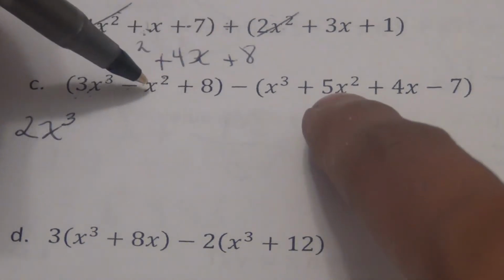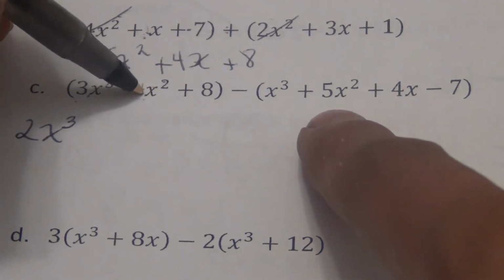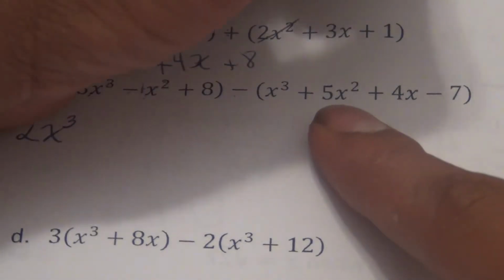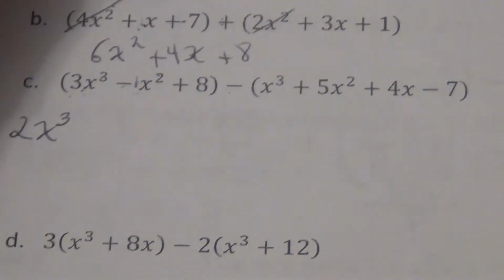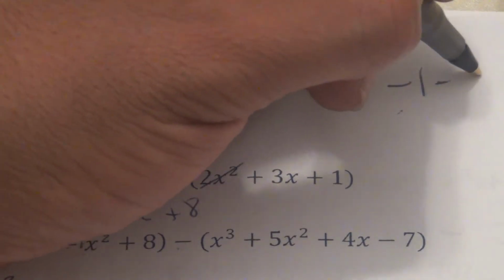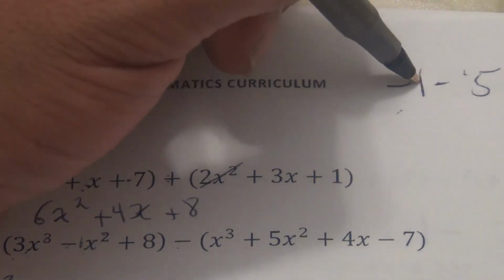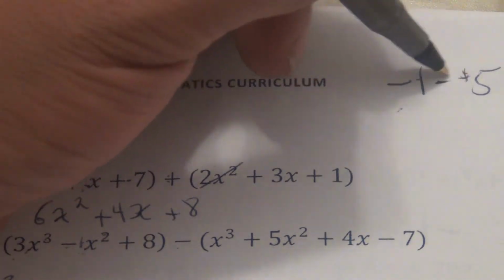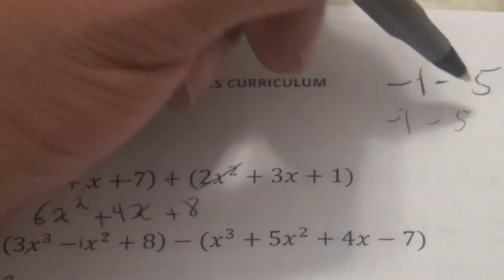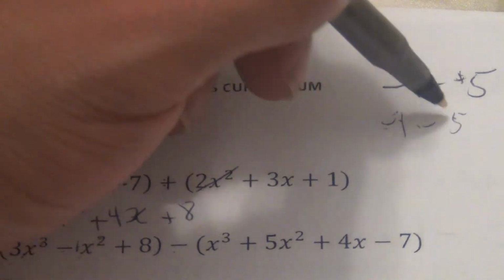Look, they're like terms, so you don't have to worry about the x and the exponent. We have to worry about the coefficient. So this is negative 1 minus positive 5. In other words, we have negative 1. Remember what I said? Just multiply the symbols together and you get one sign. So we get negative 1 minus 5. Go to negative 1 and then move 5 units to the left and you get what? Negative 6, right?